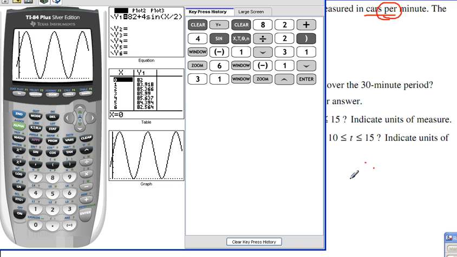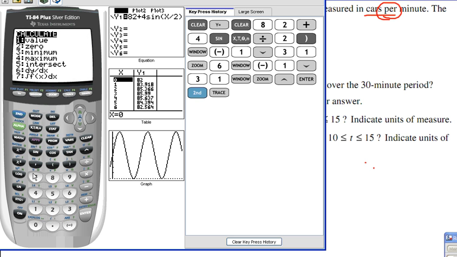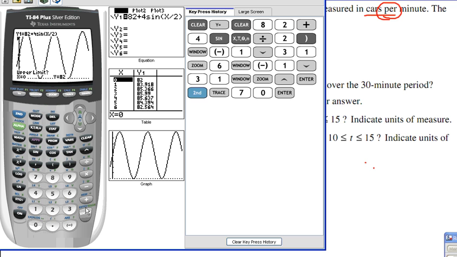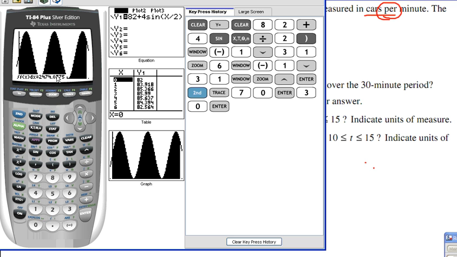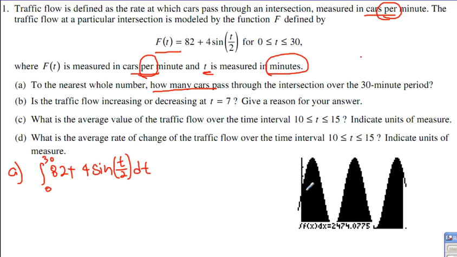Now, since we're trying to get the integral, what we'd like to do is second calc, integral, number 7. Our lower limit was equal to 0, upper limit was equal to 30, then we should be able to get our answer, all those areas coming together. Now, I'm going to drag this one right over here.